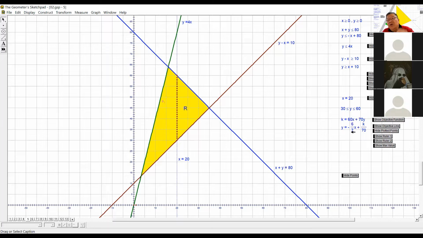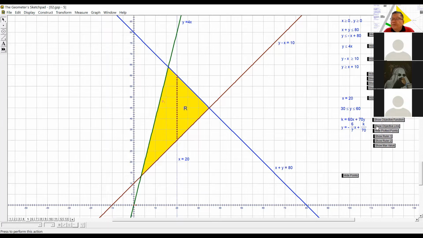However, I know the gradient of the line. The gradient is negative 6 over 7. How to plot this gradient? First of all, I have to take 6 units vertically and 7 units horizontally, right?